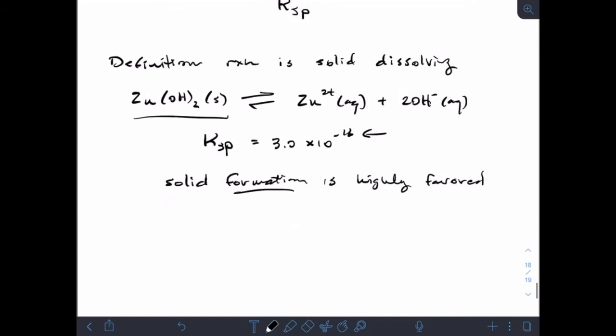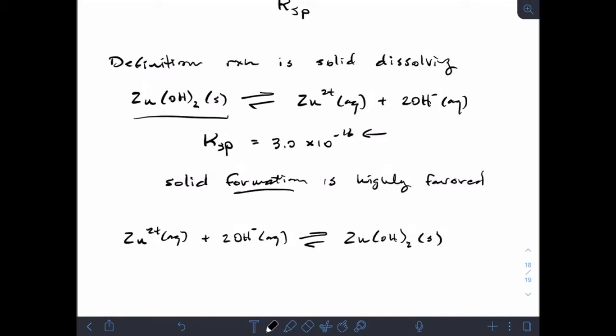So thinking about it in those terms, we can reverse this reaction and talk about the K for forming the solid. So if I have zinc ions plus hydroxide ions making zinc hydroxide, right?